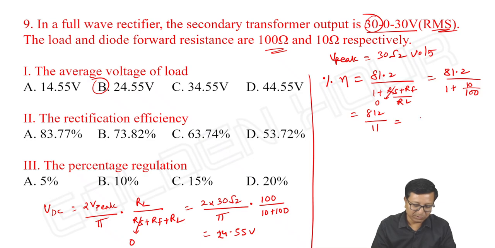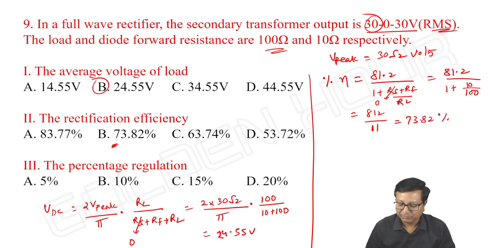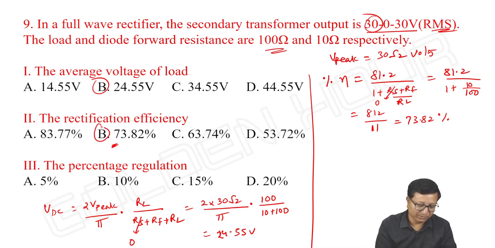It is coming to be around 73 point something, maybe 73.82%. Efficiency is also obtained.